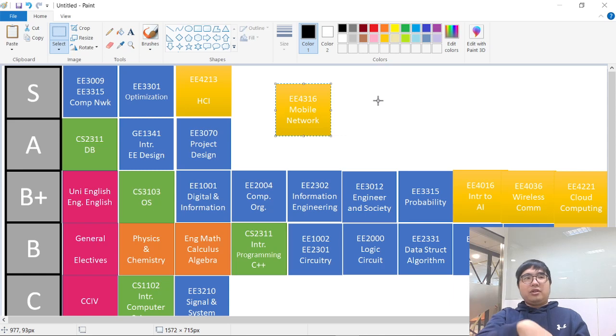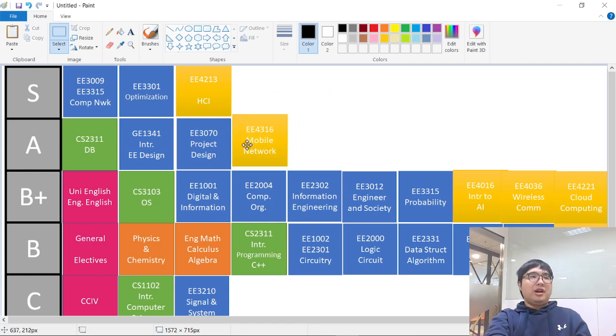They only go all the way to LTE, and they cover nothing about 5G. For an EE student who likes to learn about cellular mobile networks, I think you have to cover that, because it's definitely something that will be beneficial to us when we get out of here. But overall, it's a pretty good course. It has some defects; it's not perfect. That's why I'm going to put it in A tier.